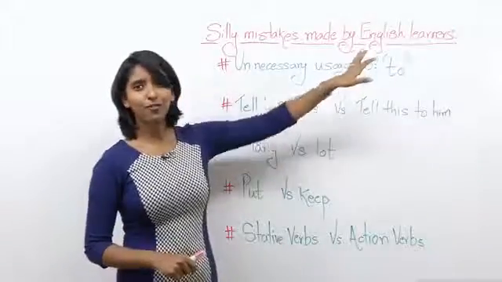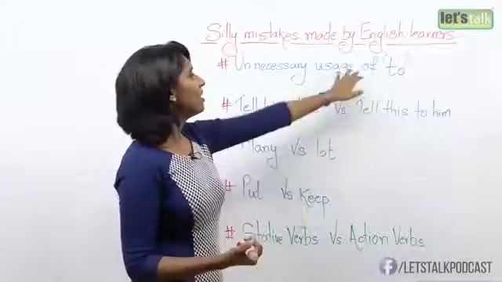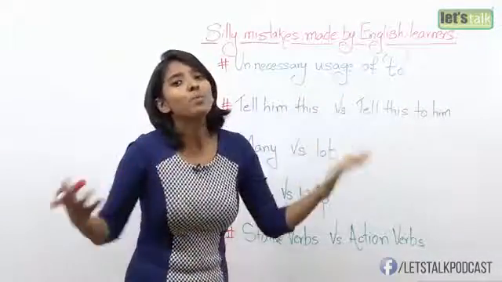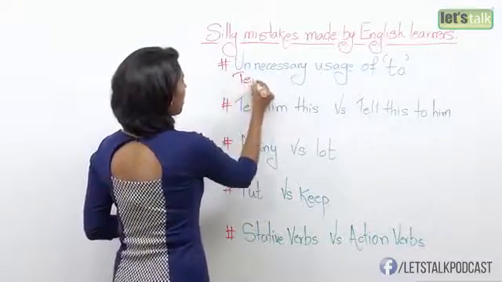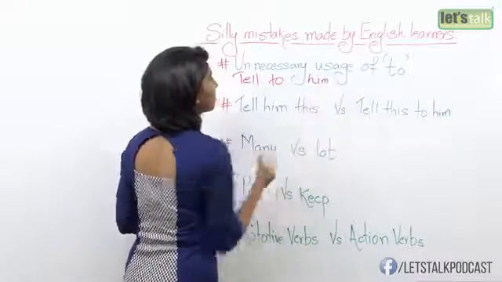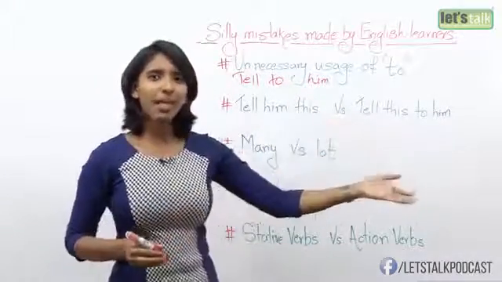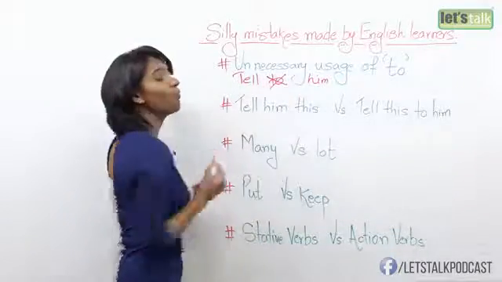Unnecessary usage of "to". I've noticed a lot of English students of mine use the word "to" too many times. What do I mean? "Tell to him. Could you tell to him that I want this?" No. "Tell to" is wrong English.